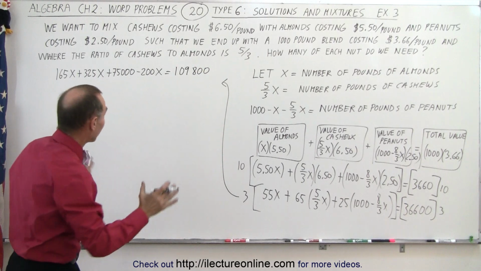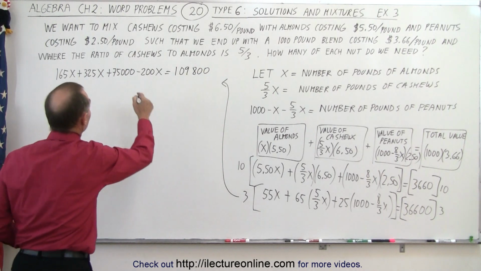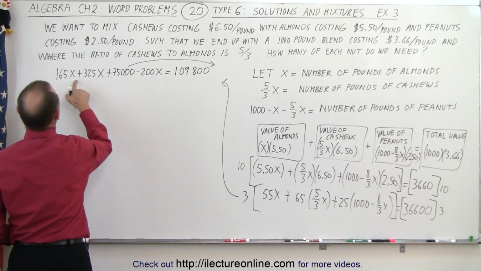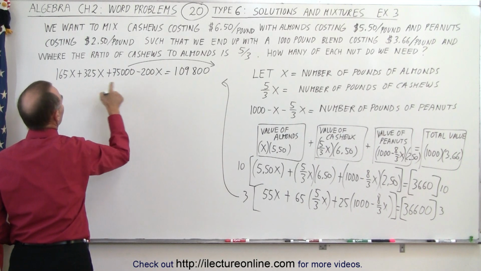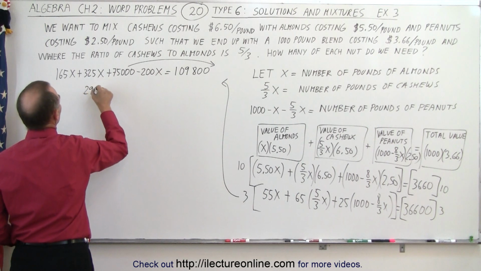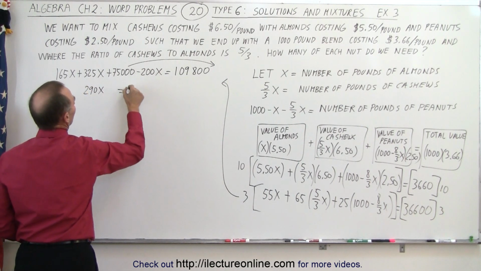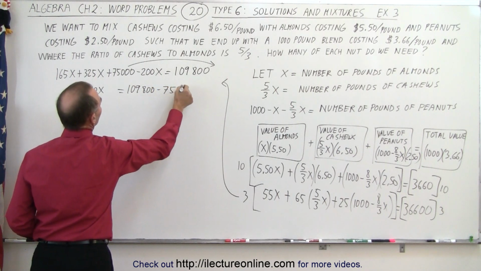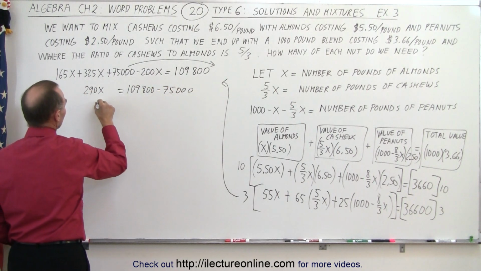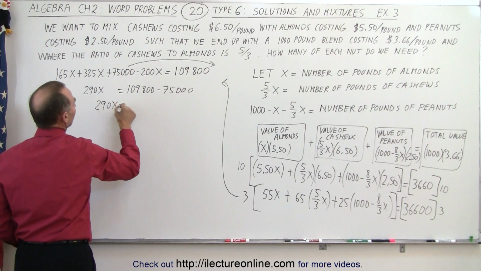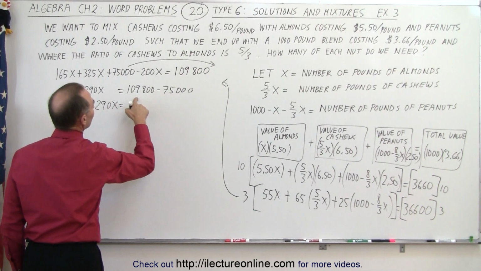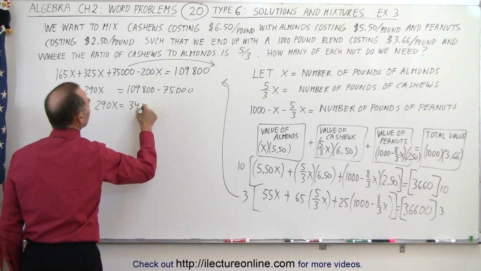Okay, now we combine like terms on the left and move the 75,000 to the other side. On the left side, 165x plus 325x is 490x, minus 200x is 290x, equal to 109,800 minus 75,000, which is 34,800.